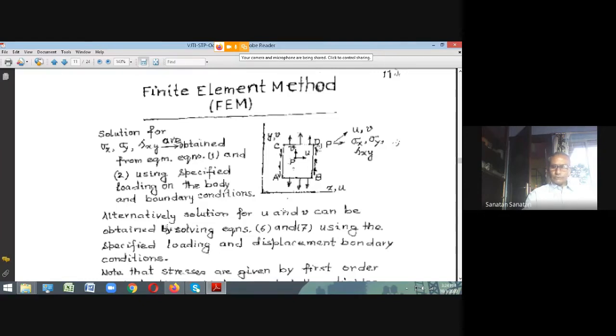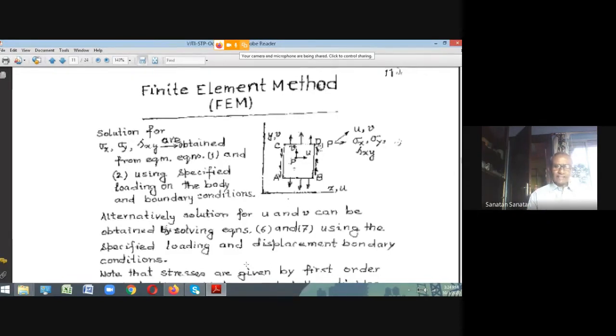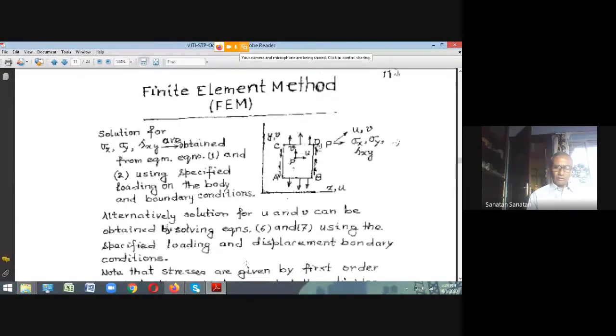And those u, v displacements must be available at every point of the body. Thereby, we can get the strain at every point of the body, because strains are defined in terms of first derivative of the displacements, and then stresses are given in terms of strains. So therefore, every problem is solved.